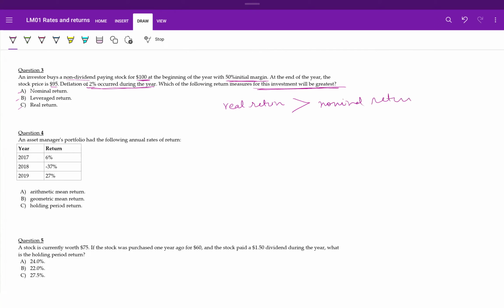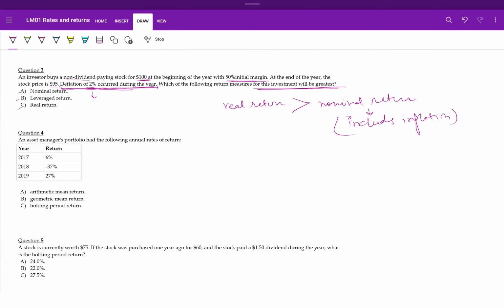Why? Because nominal return actually includes inflation. And here, they are not talking about inflation, they are talking about deflation. So the economy didn't go up, it actually went down. The inflation rate didn't go up, it went down.